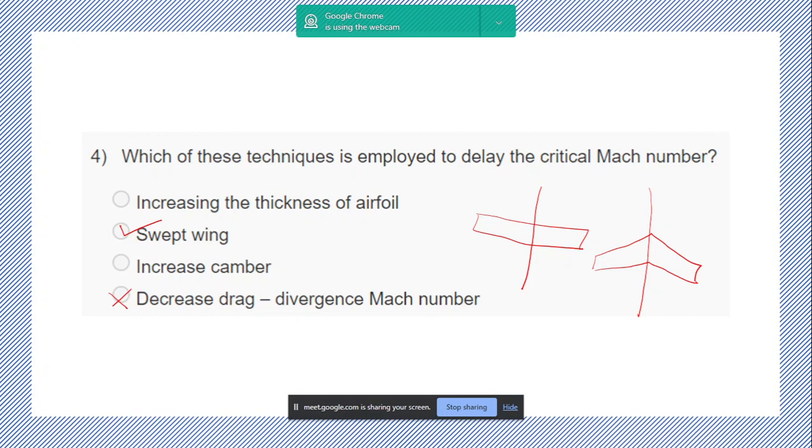That is the right answer. Can you just try?